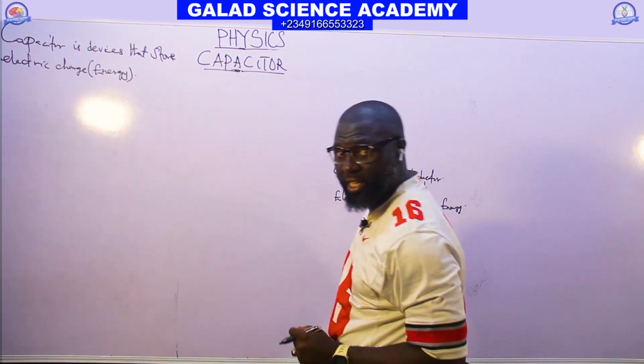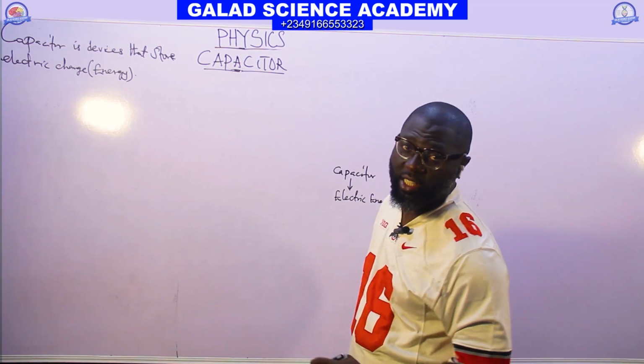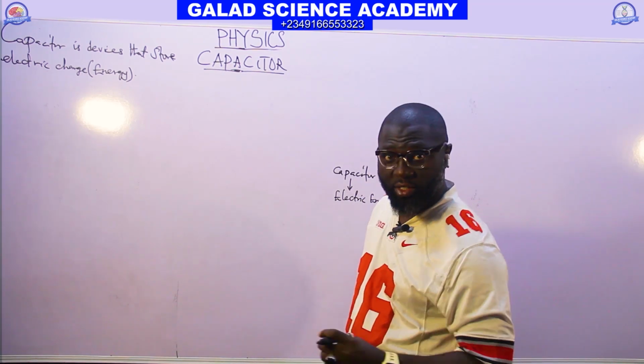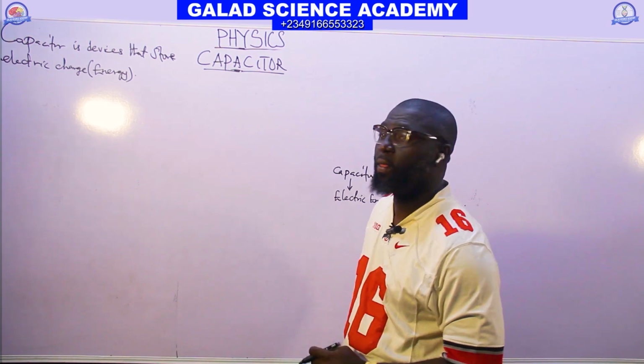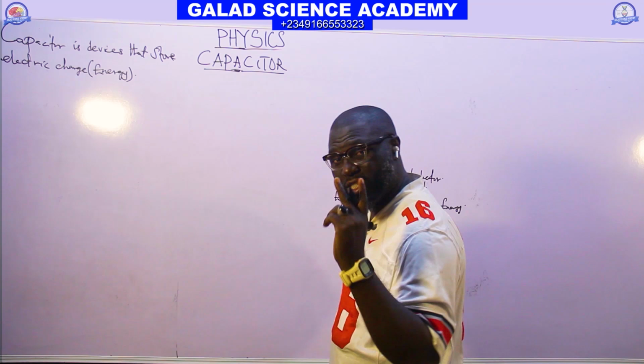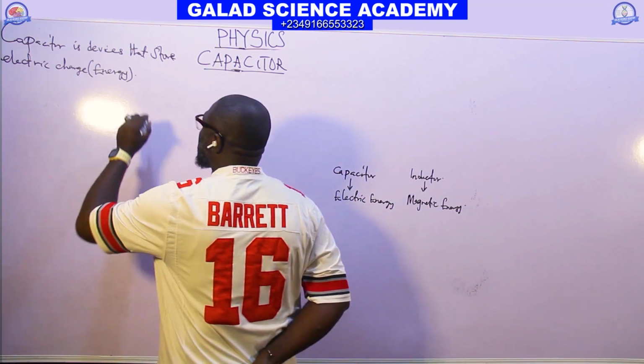Any device that's used for storage of electric charge or electric energy is called a capacitor. And the capacitor consists of two plates.